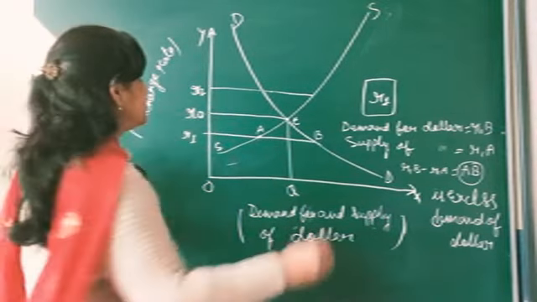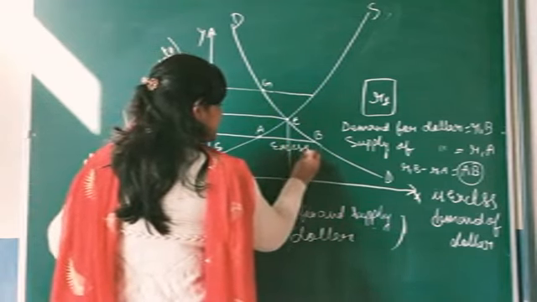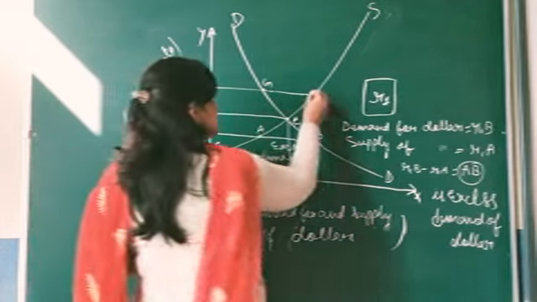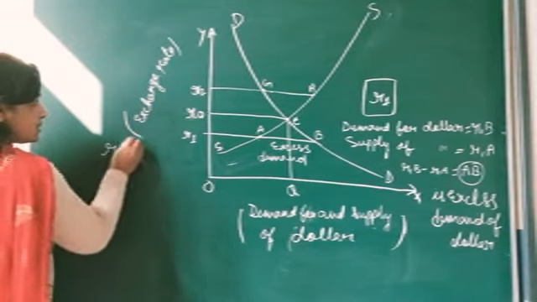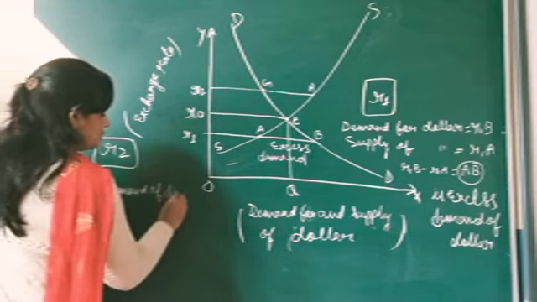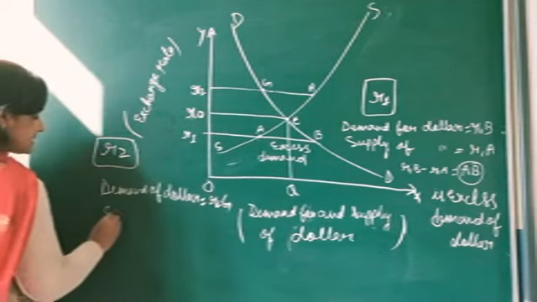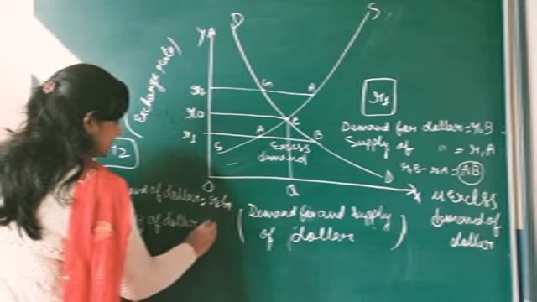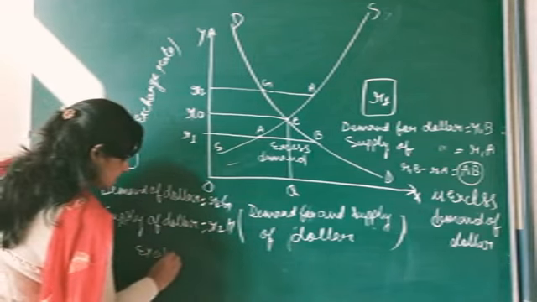Now you see, the R2 line touches the demand curve here, so I am naming it G. So at R2, the demand of dollar is R2G and the supply of dollar is R2H. Is it clear?